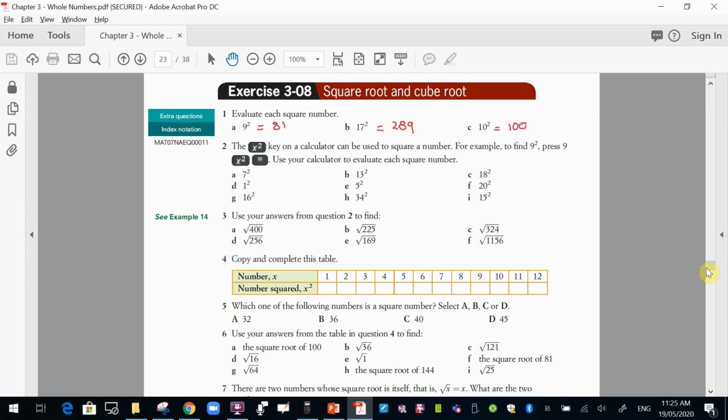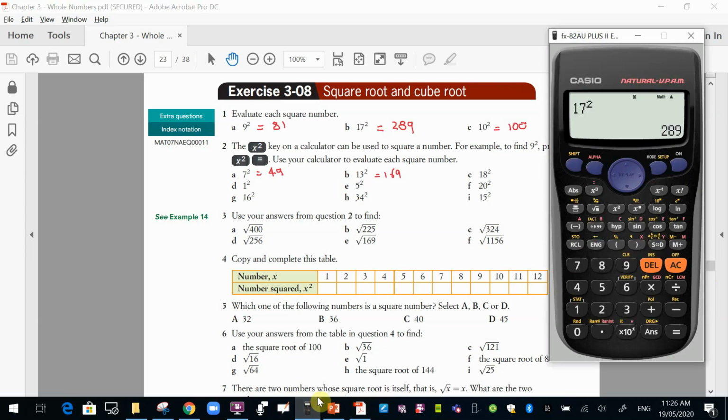Question 2, use the x squared key on the calculator to find a square number. Some of these I won't need a calculator, some I will. 7 times 7 is 49. 13 times 13 is 169.